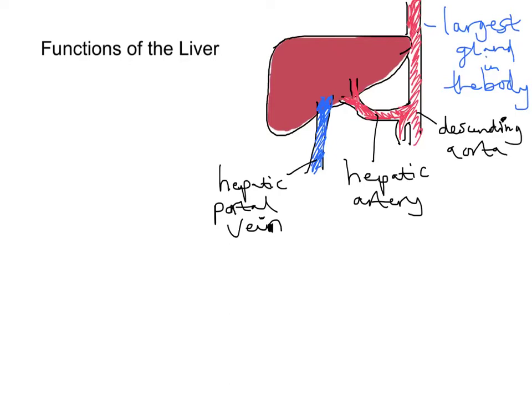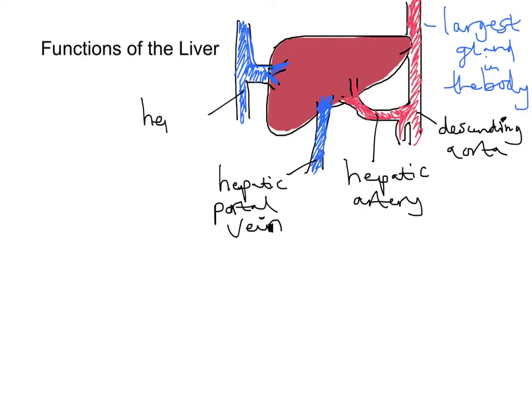Now, blood enters via the hepatic artery and the hepatic portal vein, and it travels through what are called sinusoids before leaving via the hepatic vein. So we have the blood leaving the liver through this vessel here, which is called the hepatic vein.